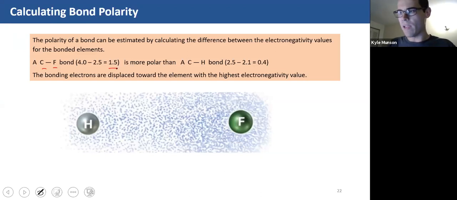That bond is more polar than a carbon-hydrogen bond, where the difference is only 0.4. So the higher the value of this difference, the more polar the bond is.